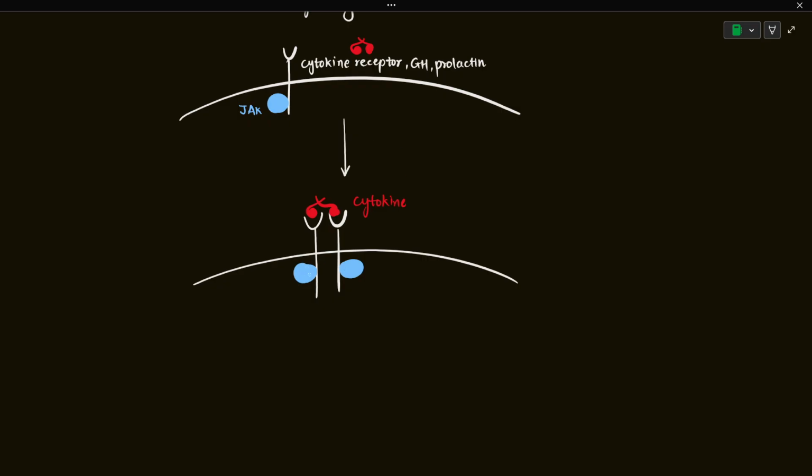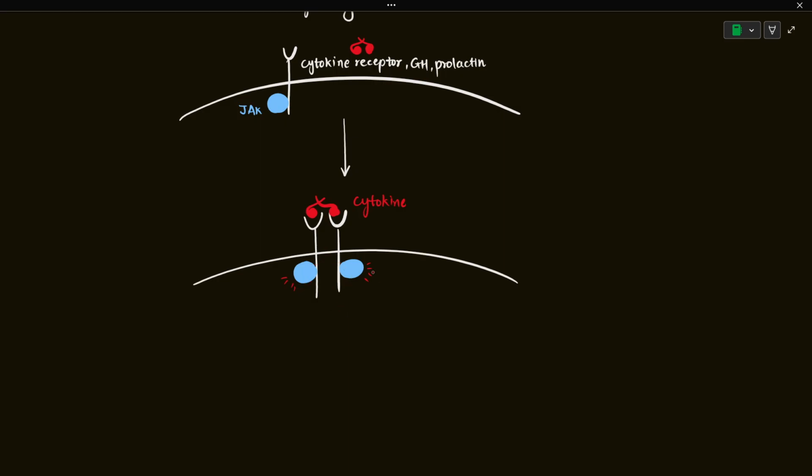Due to the physical proximity of the kinase domains present in JAK, this results in the activation of JAK. The activated JAK is now going to phosphorylate itself. JAK will phosphorylate the kinase domain of the other, just like the transphosphorylation which happens in the RTKs, and this kinase domain will phosphorylate the tyrosine residues present on this JAK.